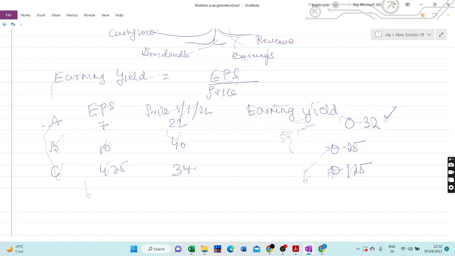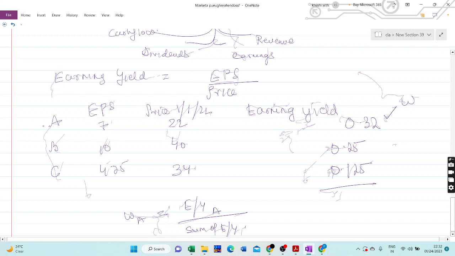Yes, sir. Okay, now how will you calculate the weight of each stock in the fundamental weighted index? Now we'll calculate the weight. It's very simple. Weight of stock A is the earning yield of stock A divided by the sum of earning yields of all stocks in the index.